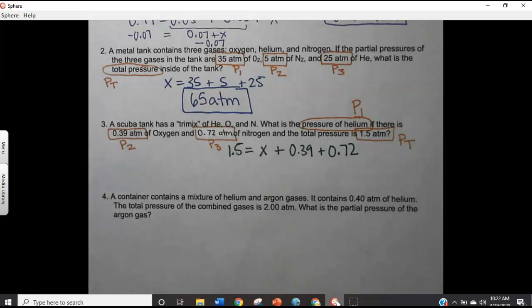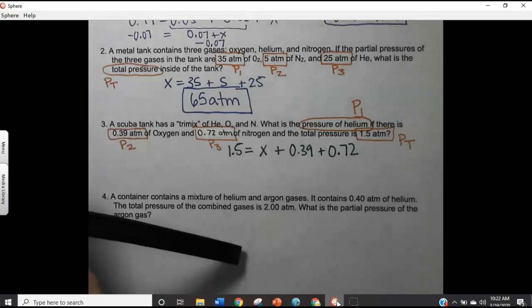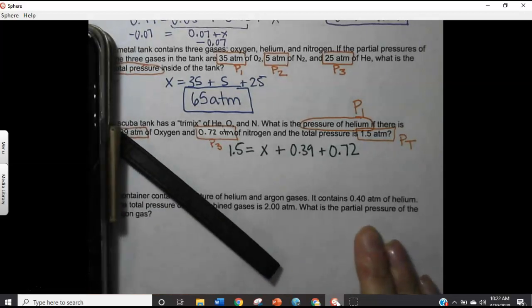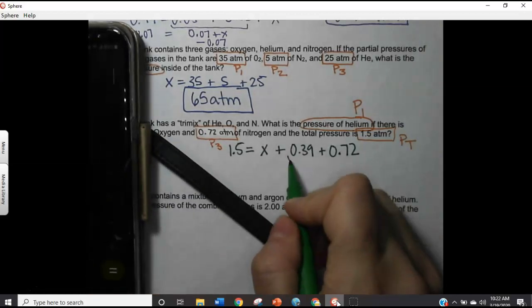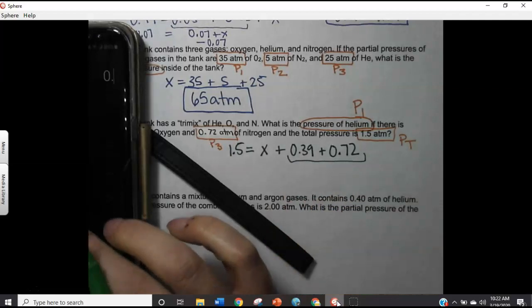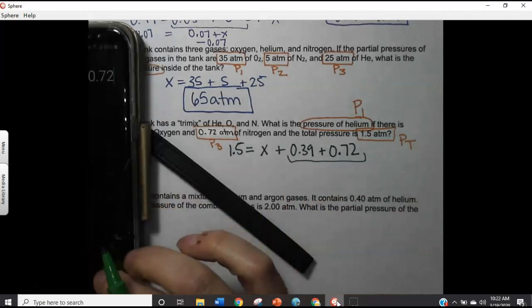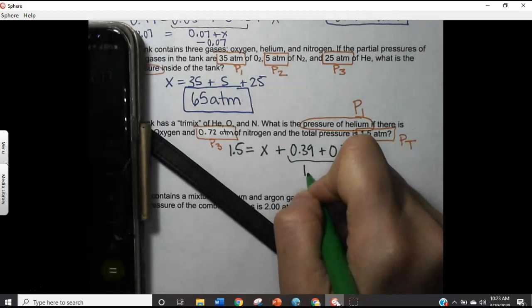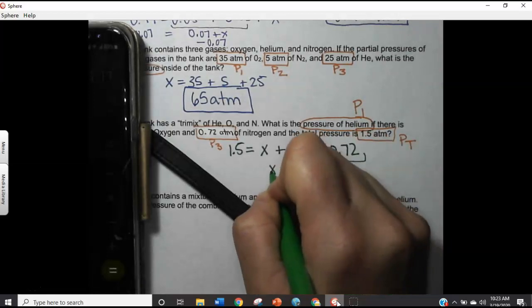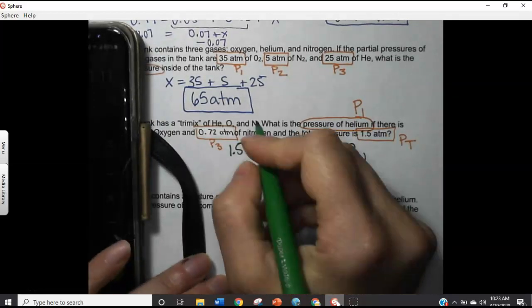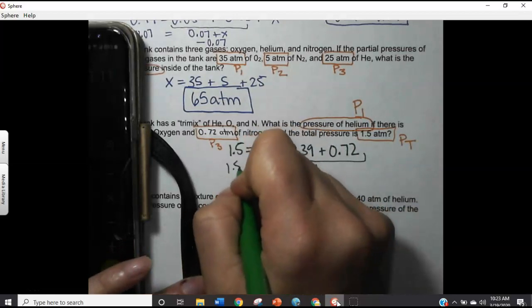Again, pause it, solve it on your own, get a calculator. I'm pulling up my phone calculator app. Okay. So I want to combine like terms here. 0.39 plus 0.72 equals 1.11. So X plus 1.11 equals 1.5.